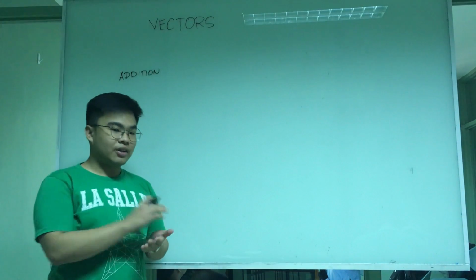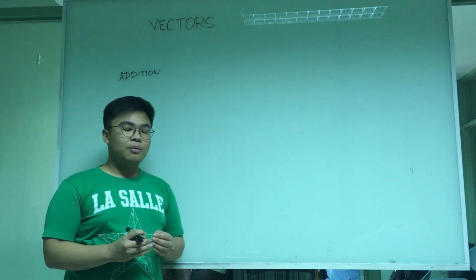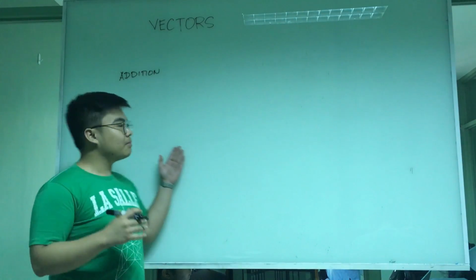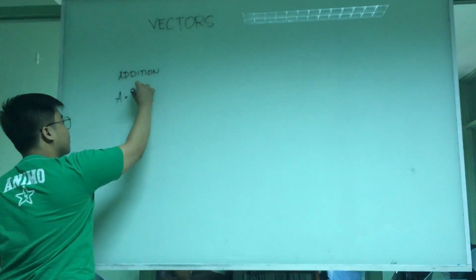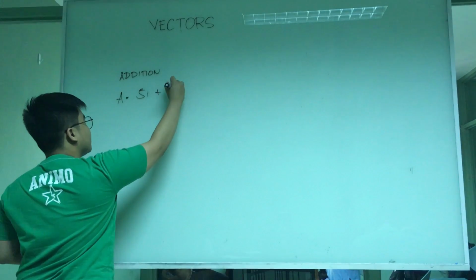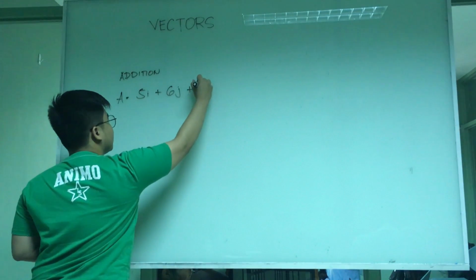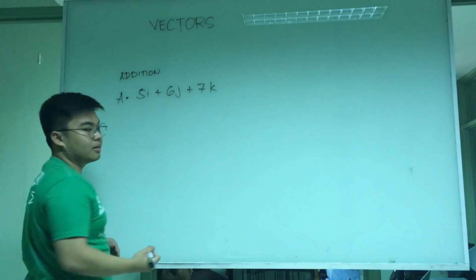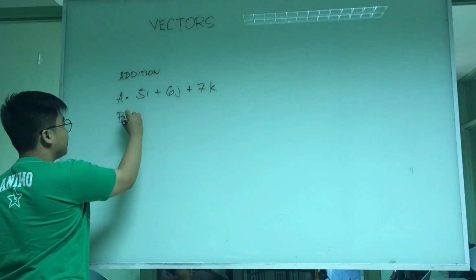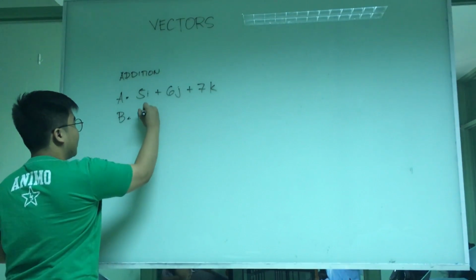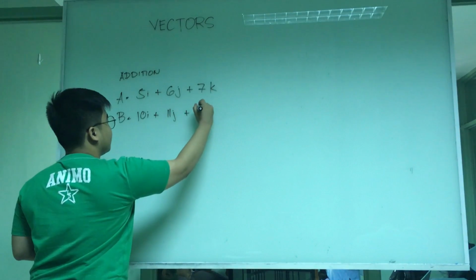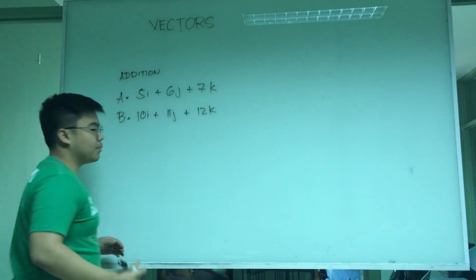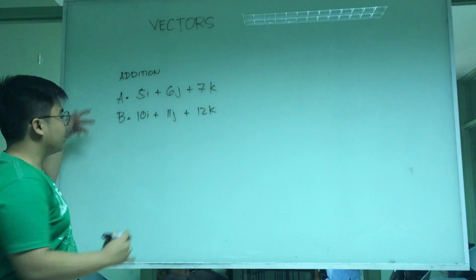Basically, from the word itself, addition, we're just going to combine the like terms of vectors. So for example, A, we've got 5i plus 6j plus 7k. Another is B. In B, we've got 10i plus 11j plus 12k. So now we're going to combine the two.